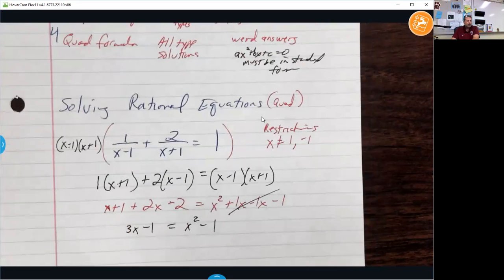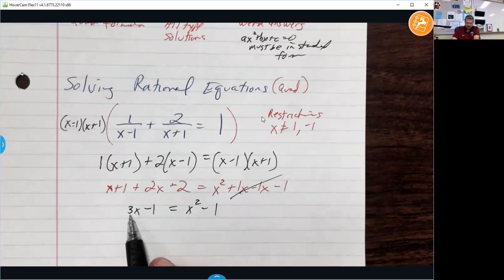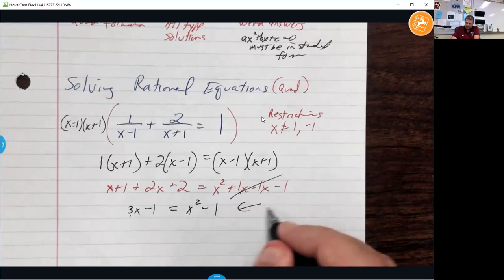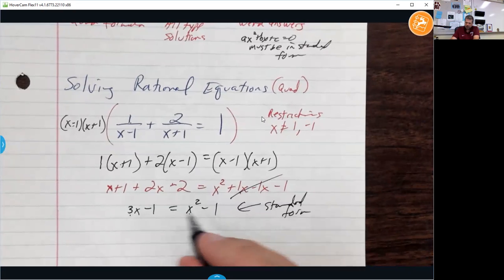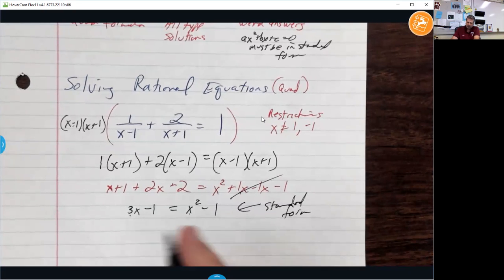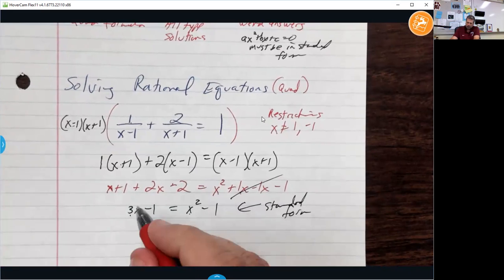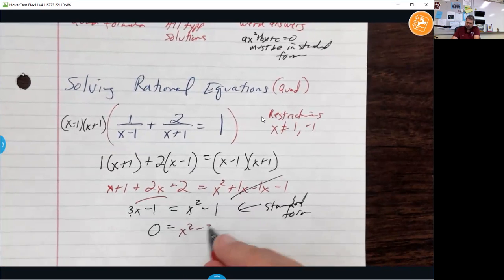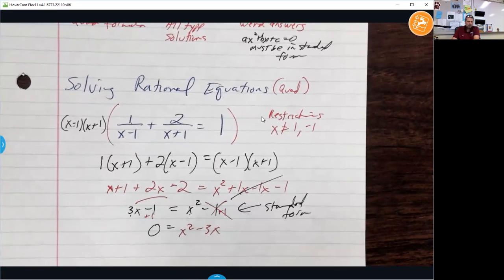Notice there's an x squared and an x, so I need to get this into standard form. I need to get everything to one side. So we're going to have x squared minus 3x. We're going to add 1 to both sides, and those are going to cancel. I'm left with that.